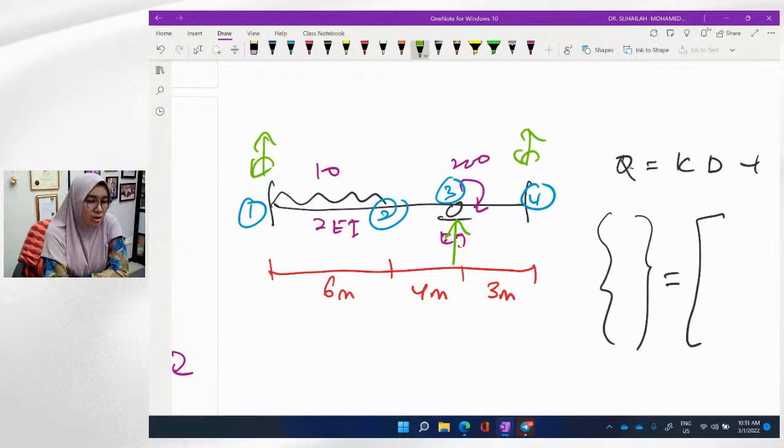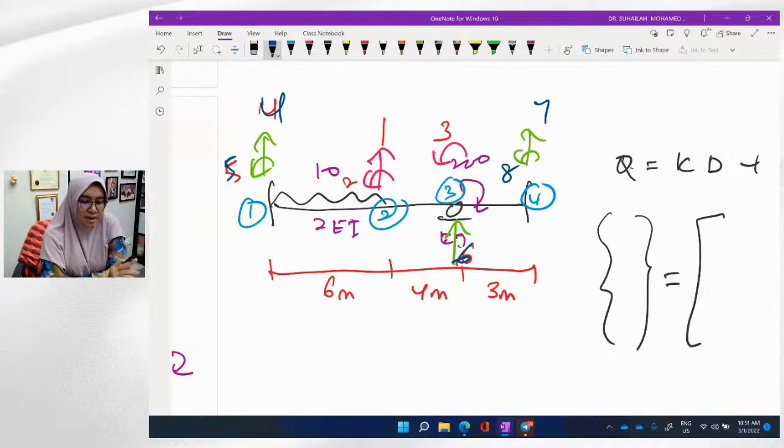So we have these unknown displacements. This is 1, this is 2, this is 3. Then 1, 2, 3, 4, 5, 6, 7, 8.